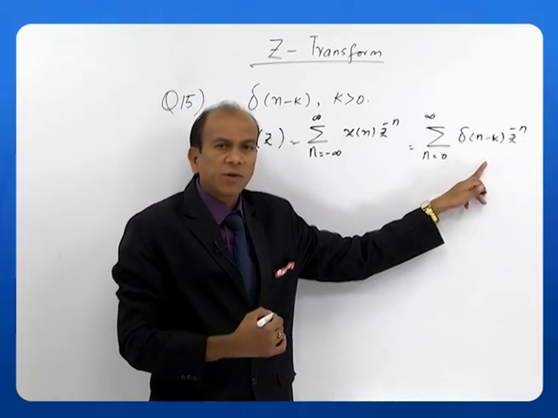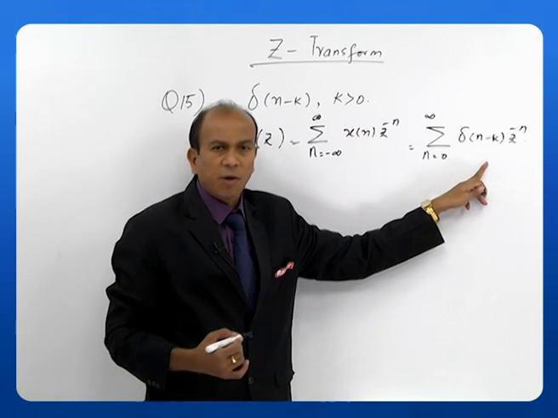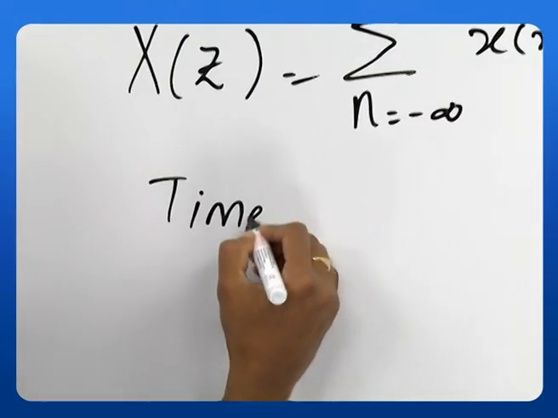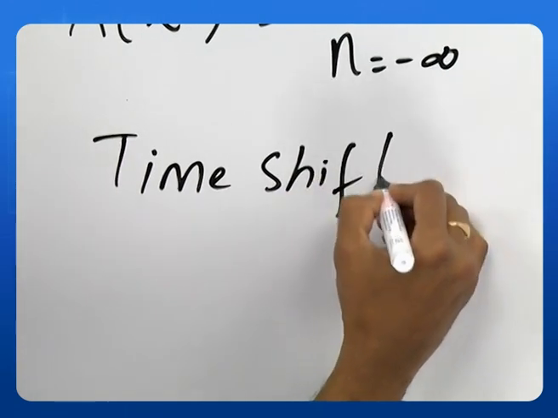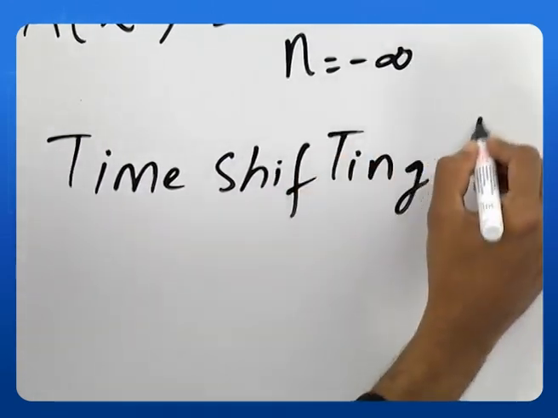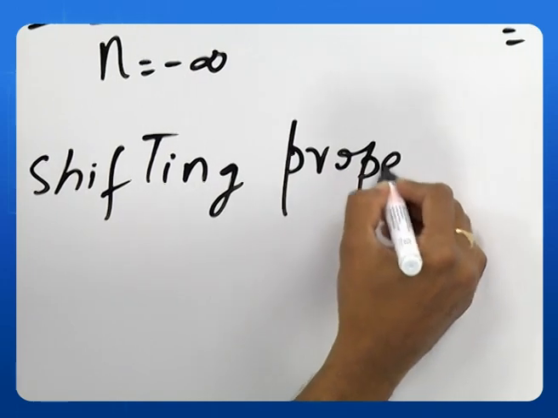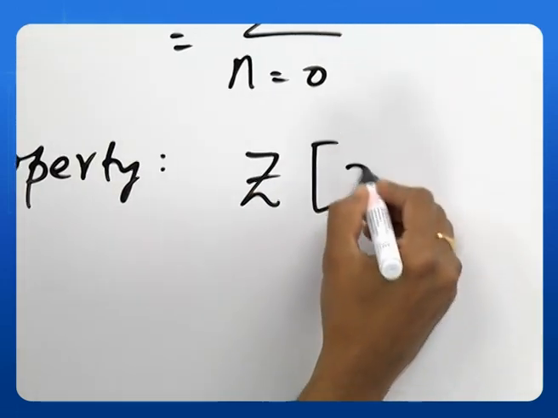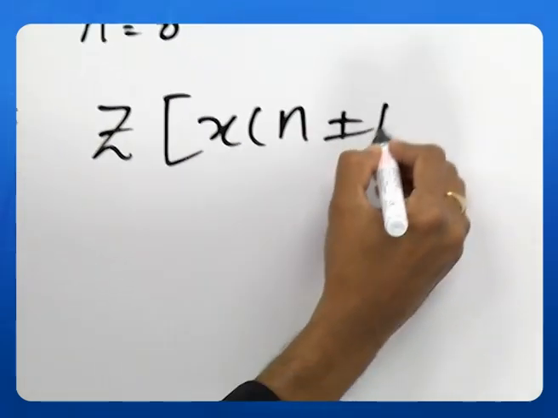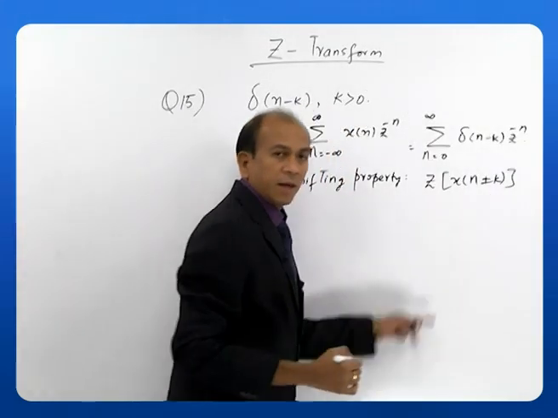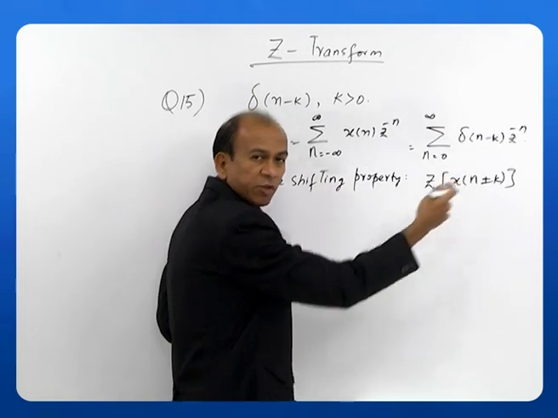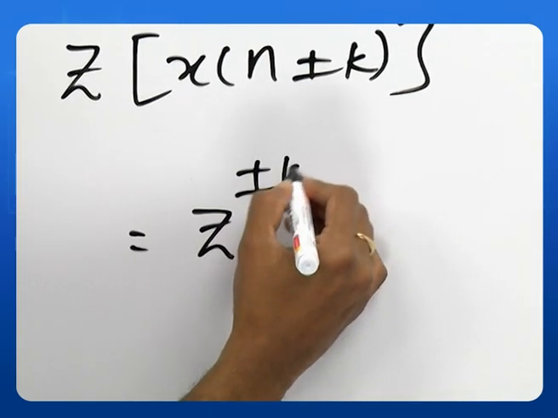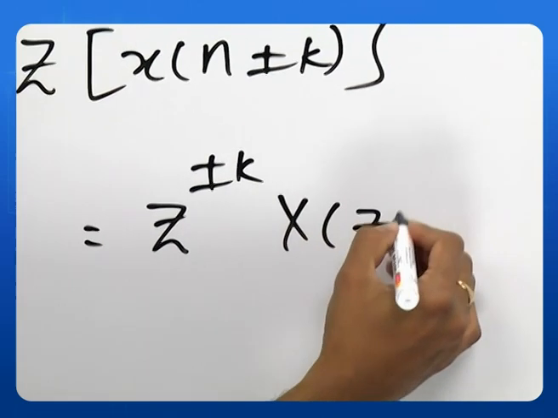Let us first recollect what the time shifting property is and then try to solve this. The time shifting property says the Z transform of x of n plus or minus k, so n is shifted by plus or minus k, will be given by z to the power of plus or minus k times X of z.